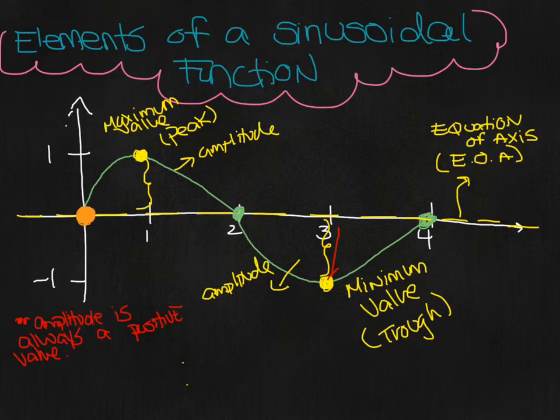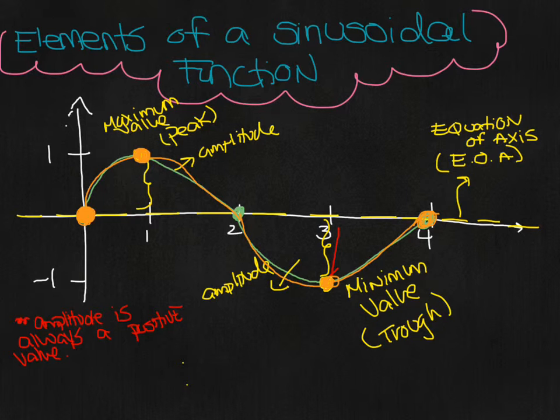You must cut through a maximum as well as a minimum, and then return back to your original starting point. So in this case, as you can see, we started right on the equation of axes, which was 0.